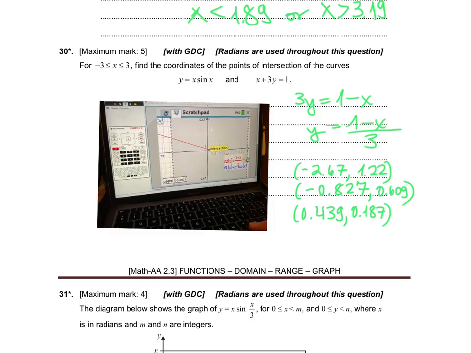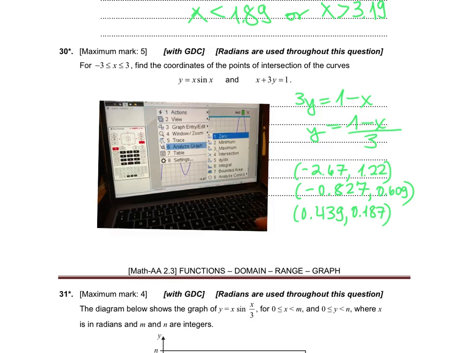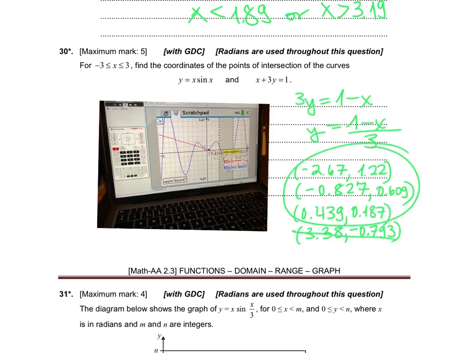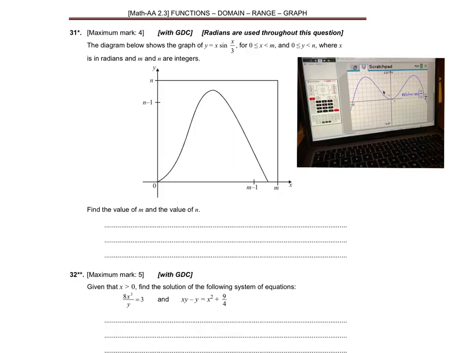All right, and I'm going to have to get another intersection. Because we want this one, which is 3.38, negative 0.793. And, oh, actually, no, that one's not in there. So it's just those three, because we just have the domain from negative 3 to 3.